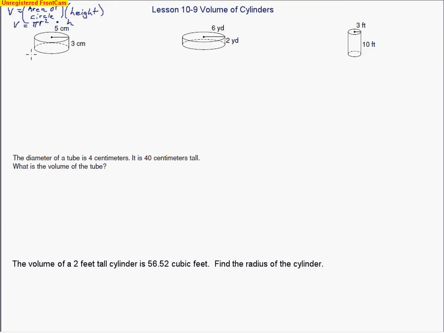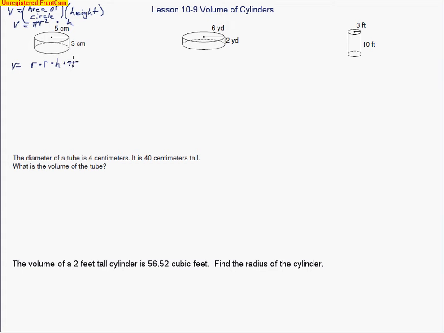So whenever we've got one of these circles, we're looking to see whether we're given the radius or the diameter. In this case, we're given the radius. Let's write out my formula, and then I'll substitute the numbers in. I'm going to write it as radius times radius times the height, and then multiply by pi.